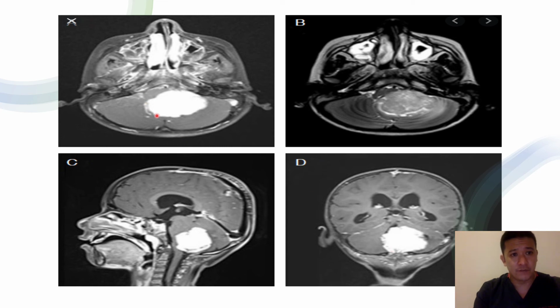So you see this is a uniformly, homogeneously enhancing mass at the posterior fossa. Midline mass at the posterior fossa. And this B is most likely a T2 weighted image with no contrast. So this is T2, as in water, that's your CSF. Water, white, and 2, World War II, T2.